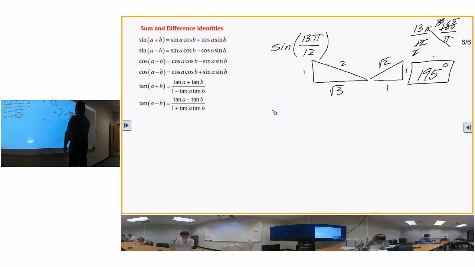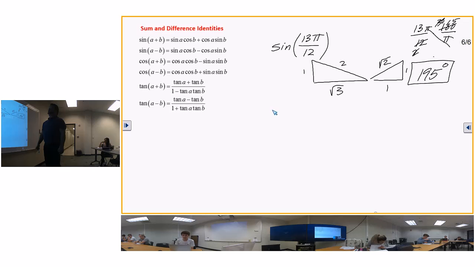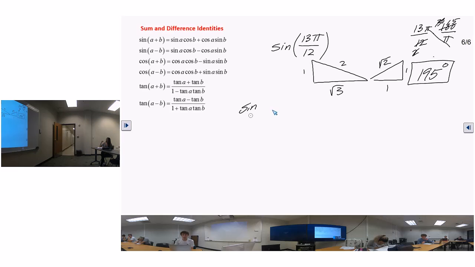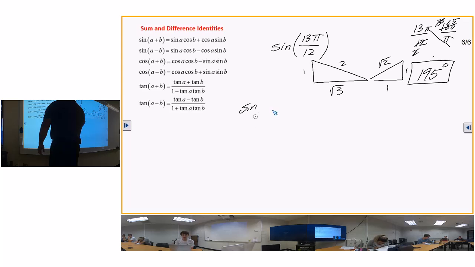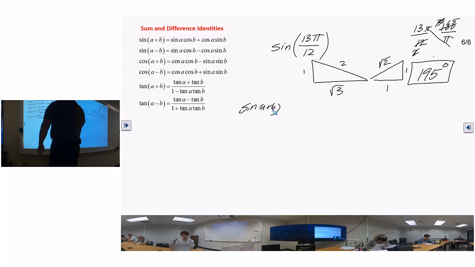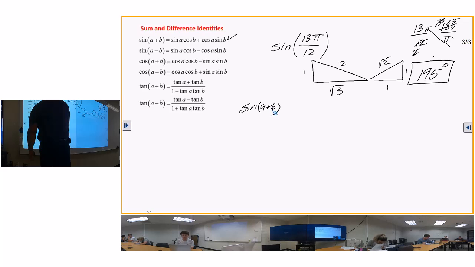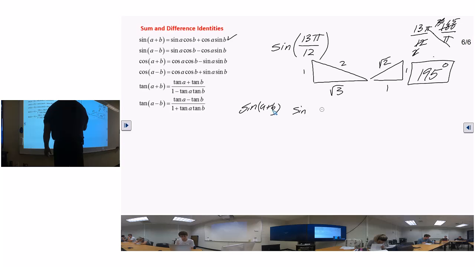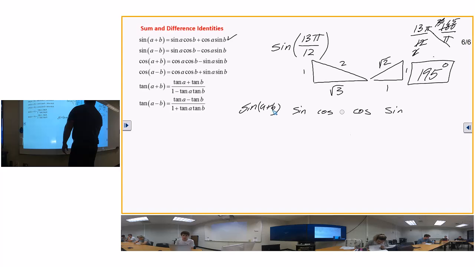And now, do your sign. So that's going to be sine of A plus B. Sine, cosine, cosine, sine. And that's a plus right there.